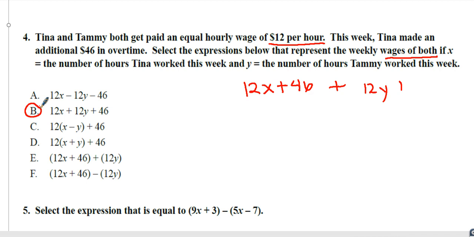But if you notice, 12X and 12Y, I could rewrite those next to each other, plus 46. I do have the right to rearrange the numbers because it's all addition. And when I look at it this way, I recognize that 12X plus 12Y plus 46 is written here.